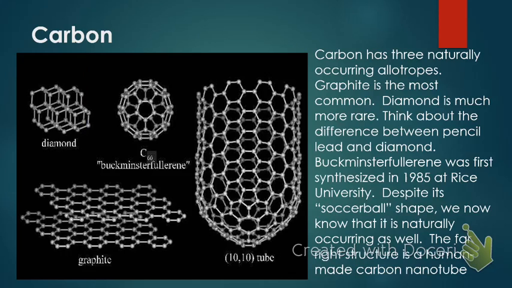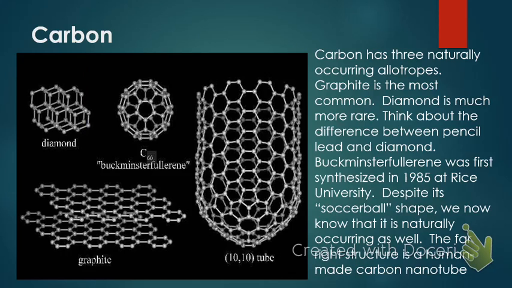Both of these allotropes have carbon arranged in six-membered rings. With graphite you have sheets on top of each other, which is one of the reasons it's a very good lubricant and is easily removed off of substances. And then you have diamond, where you have all this interlocking going on, and it's a much tighter structure.